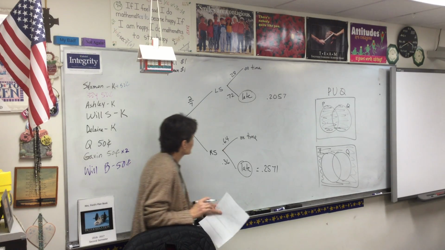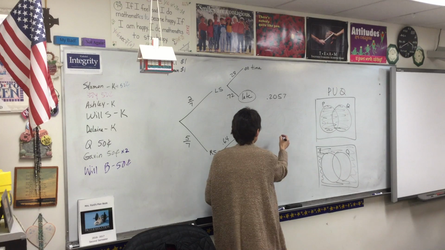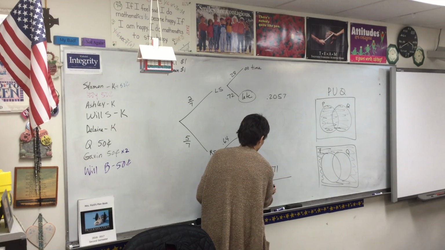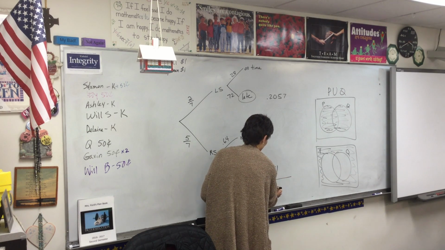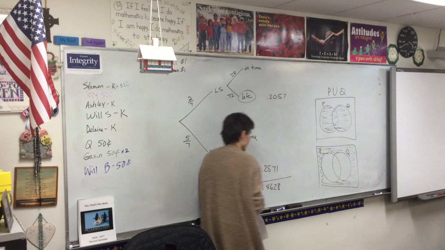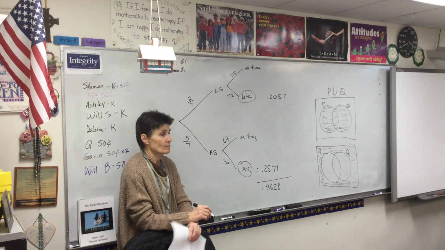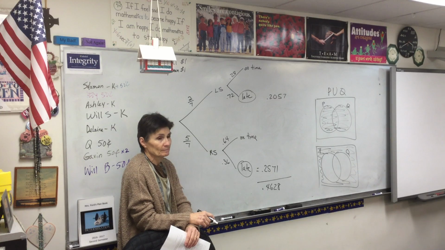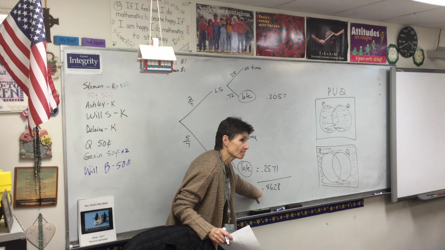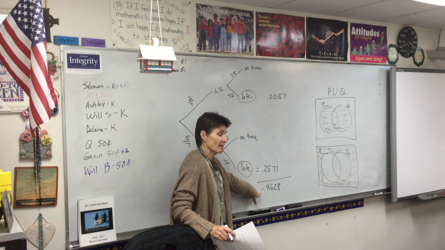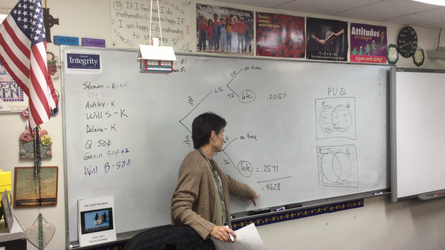Add those together. So what do we get when we add those together? 0.4628. And that's the answer. That's what goes in the answer blank right there. That's the probability of being late.